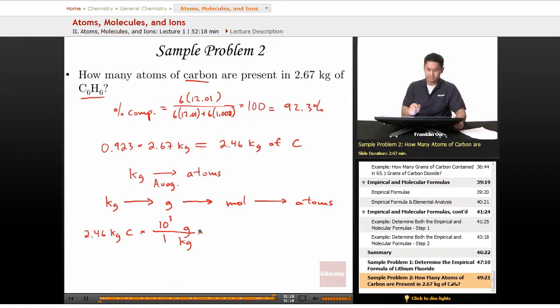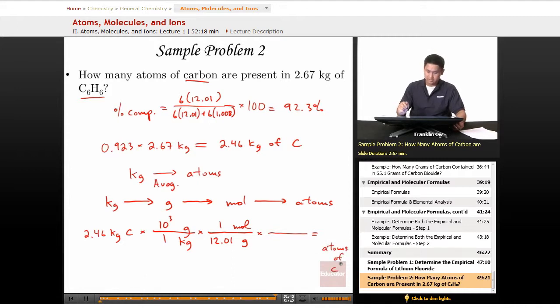And now on to moles. So times something over something. g goes downstairs to get canceled. Moles goes upstairs to get carried through to the final answer. And that's molar mass. And so you look up the molar mass of carbon, which is 12.01 grams for every 1 mole. And then finally, times something over something, giving us our answer in atoms of carbon.